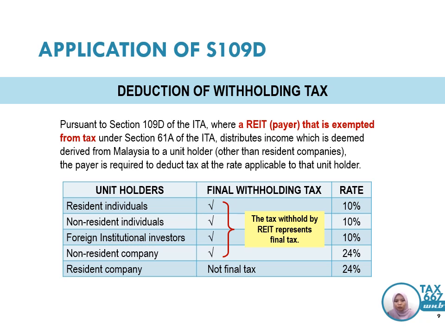Tapi kalau unit holders tu terdiri daripada resident company, tak ada keperluan untuk deduct withholding tax, sebabnya company akan terus bayar sendiri tax kepada IRB dengan kadar 24%. So, kalau you punya unit holders 4 yang atas dalam table tu sahaja, you have to deduct 10% of withholding tax.